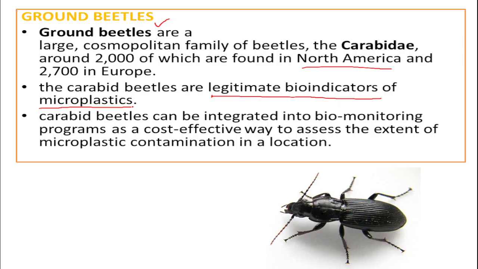They can be integrated, because of this ability, into biomonitoring programs for a cost effective way to assess the microplastic contamination in a location. Sometimes scientists cannot distinguish between microplastics and fibers in soil mixture. So this is where these ground beetles can help.